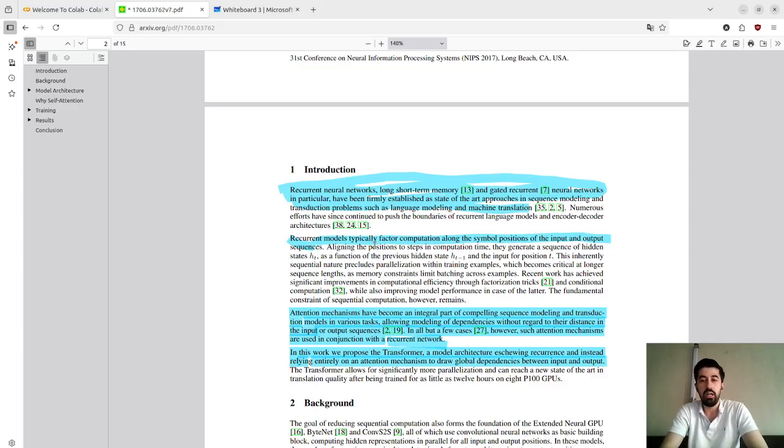So recurrent neural networks are basically recurrent. So they have a connection between one output and the input before it.